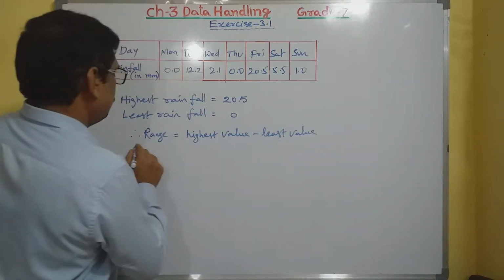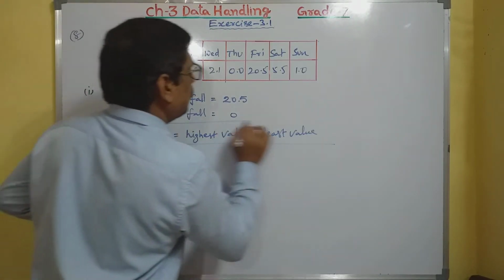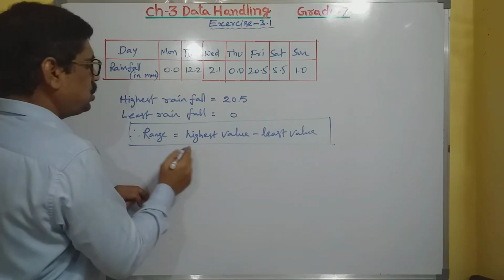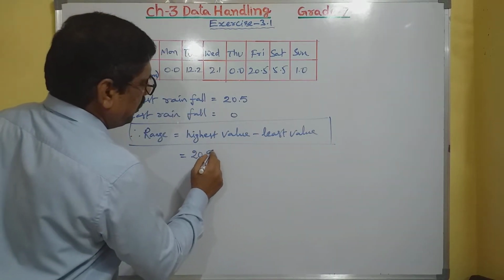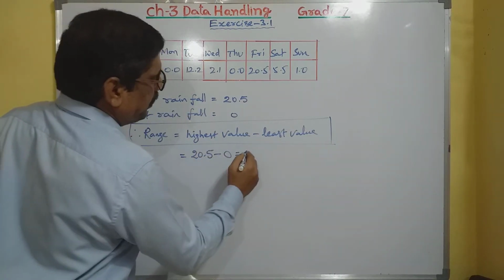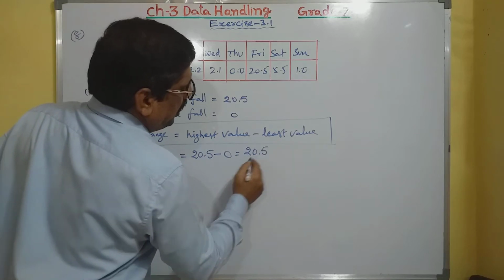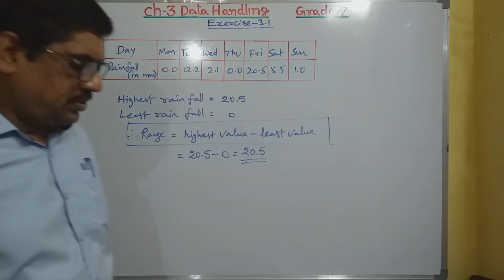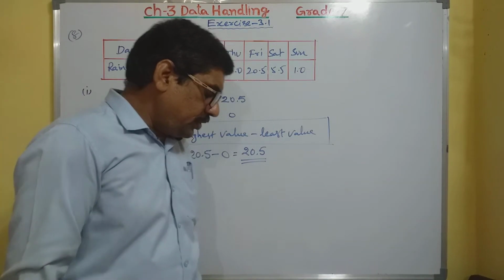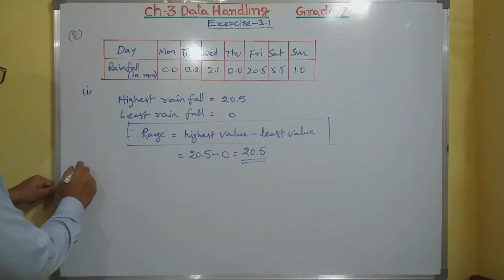So this is very simple to find. We need to subtract the least observation from the highest observation. The highest one is 20.5 and the least one is 0. If you subtract 0 from 20.5, you will get the same 20.5. This is the answer.